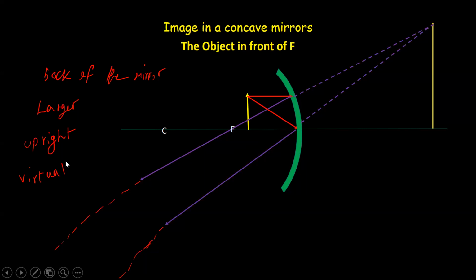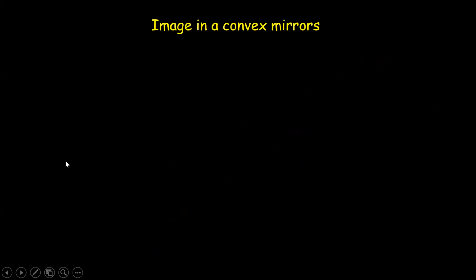Okay, right now, let's discuss images in a convex mirror. In a convex mirror, as you know, the other name for a convex mirror is a diverging mirror, as the reflected light from a convex mirror never crosses in front of the mirror.